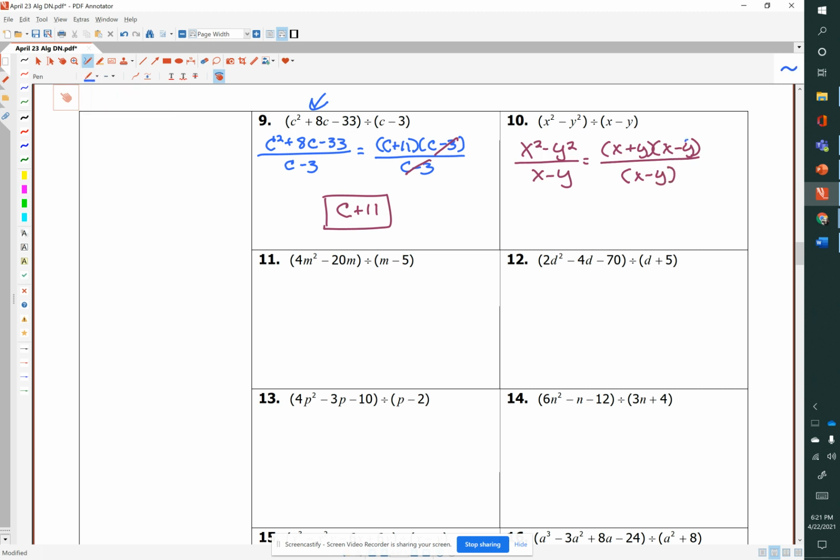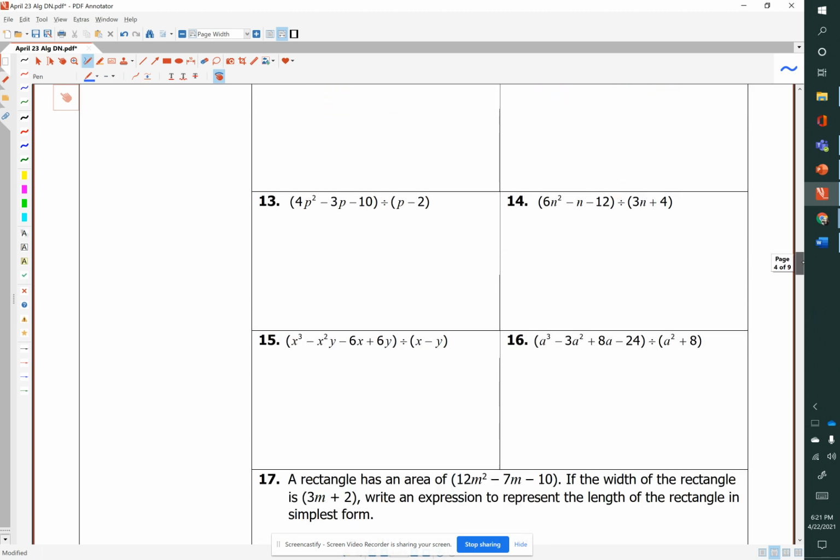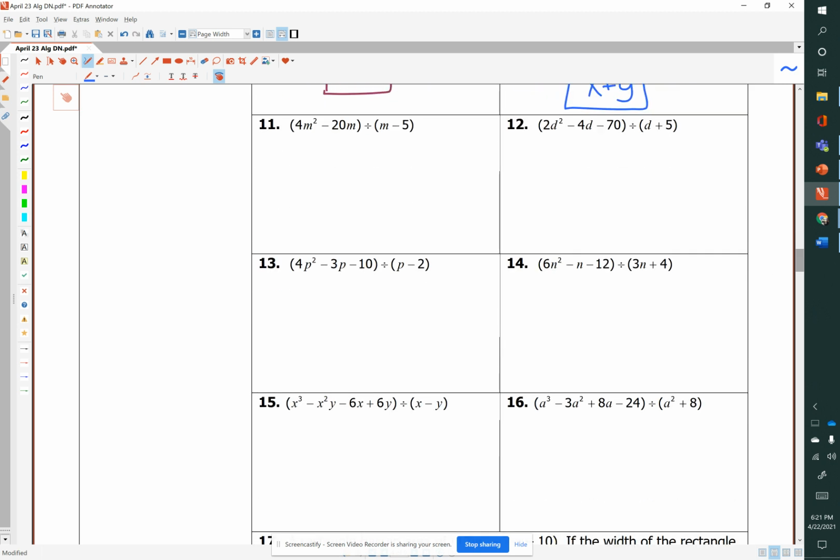And we're going to cancel the common factors, and our final answer, and we don't even really need to put parentheses here. Our final answer is x plus y. Okay, I hope you can try the next 6 on your own and then come back to the video.